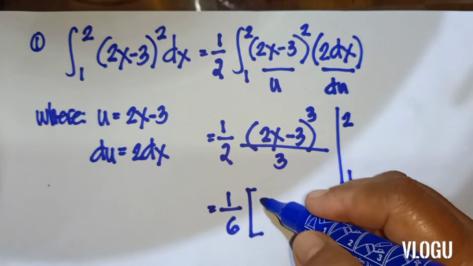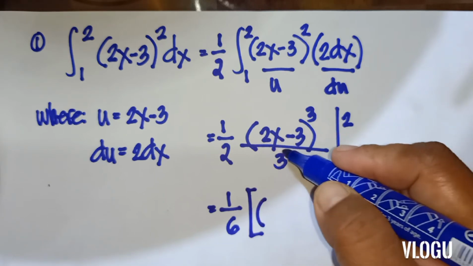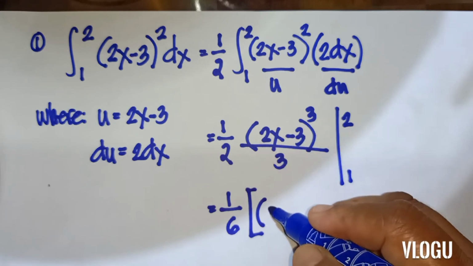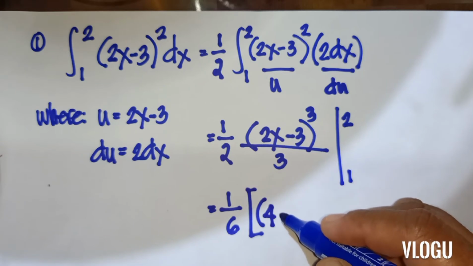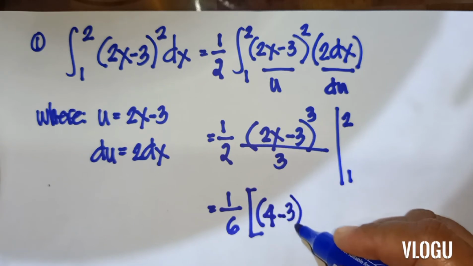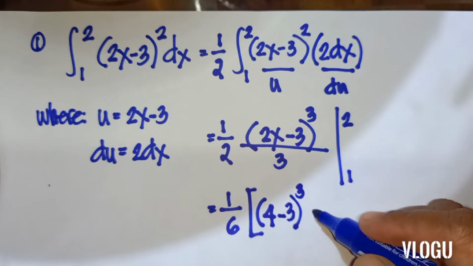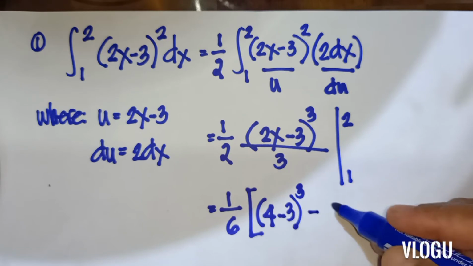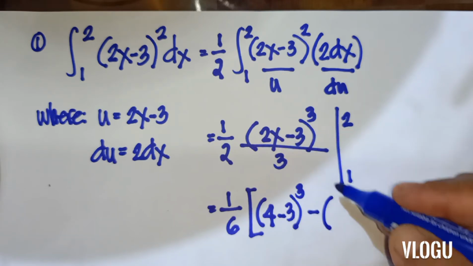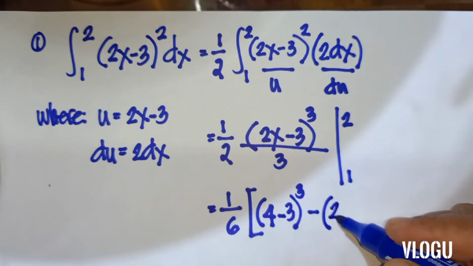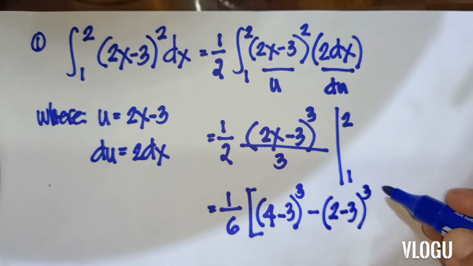Then you will have 2 times 2, the upper limit, so 4, minus 3, cubed. Minus, then 2 times 1, the lower limit, that is 2, minus 3, to the cube.